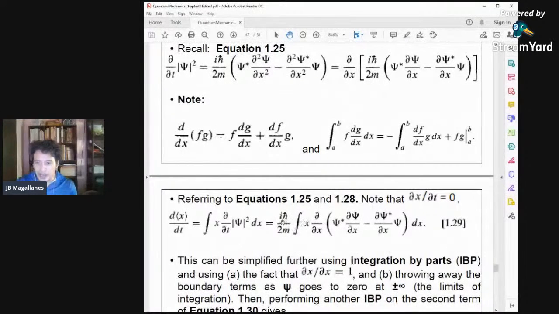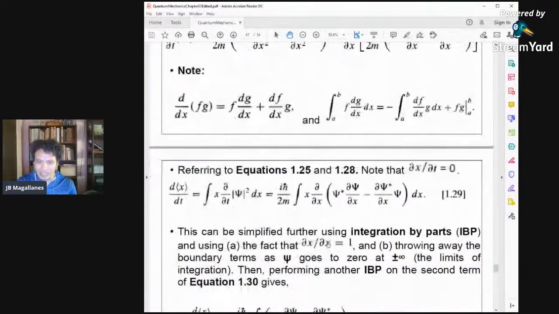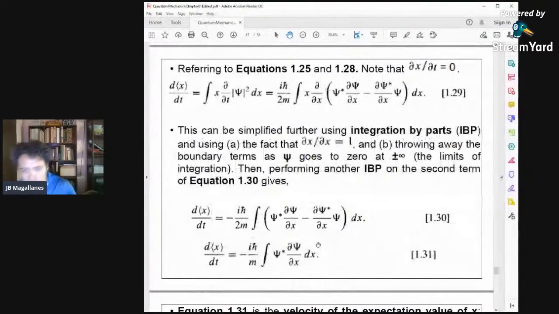You take i h bar over 2m out of the integral because those are constants. So you'll be left with this integral. Now, this can be simplified further by integration by parts, this formula.